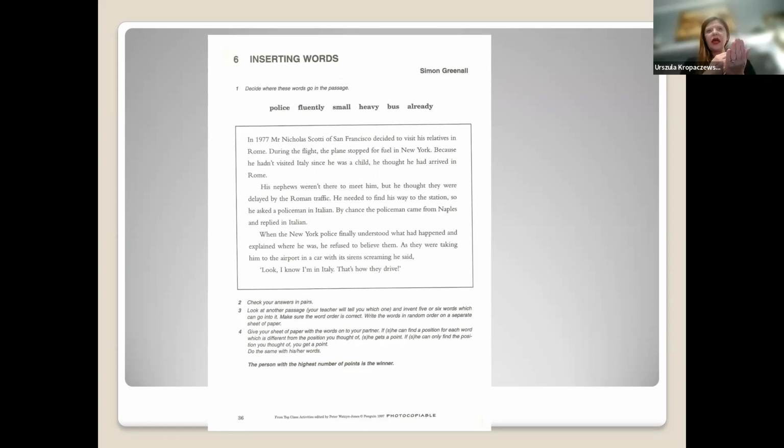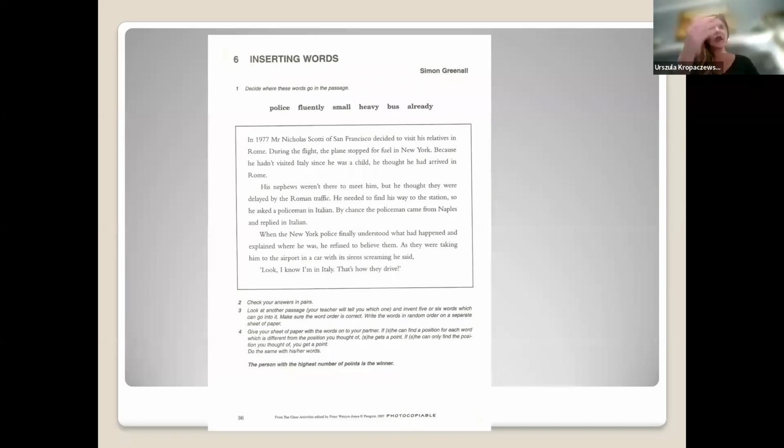Or group A can give their text to group B, and group B checks the text from group A. So before the teacher reads the text, they have a chance to read it again and correct the mistakes, and only then you as a teacher read the text. So we have a lot of possibilities to make students work in groups, in pairs, or individually, and we can develop a lot of different skills.